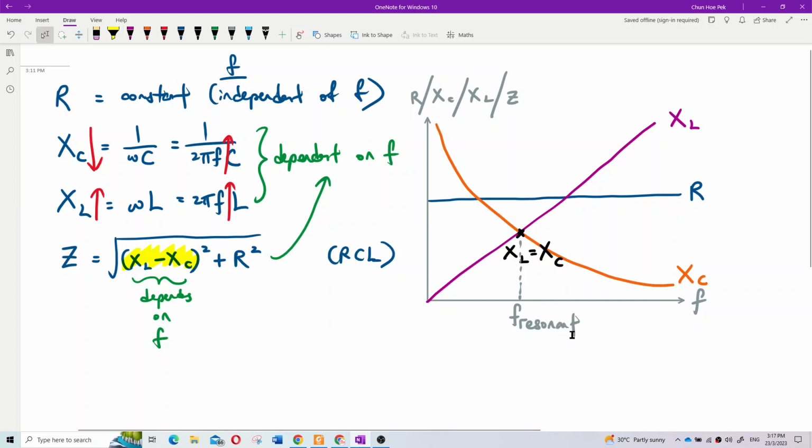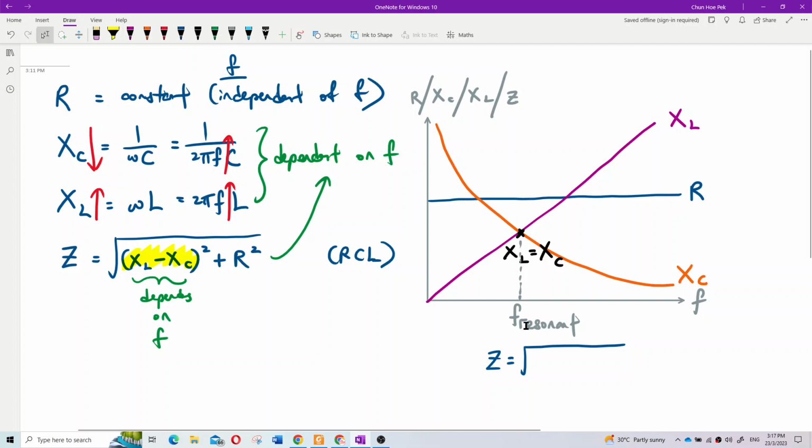What happens at resonant frequency, when XL equals XC? Because you see they cross at the same point, so XL equals XC at this point. So let's find out what's the value of Z over there.